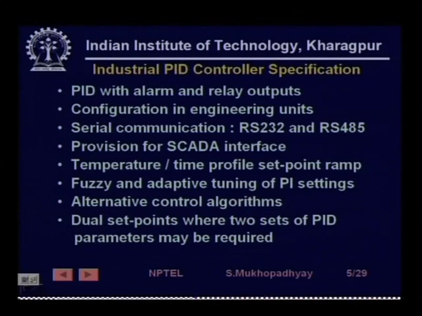Then sometimes you may require two different sets of PID parameters, so you need to give dual set points. On the same process you could use two different PID parameters, maybe depending on two different modes. For example, suppose there are heat cool PID controllers.